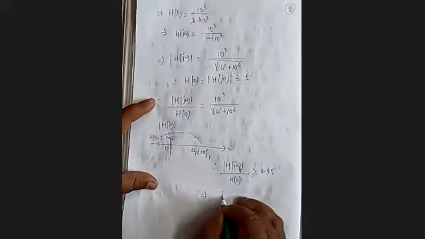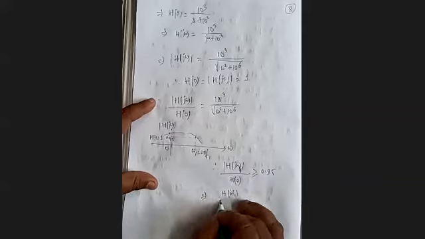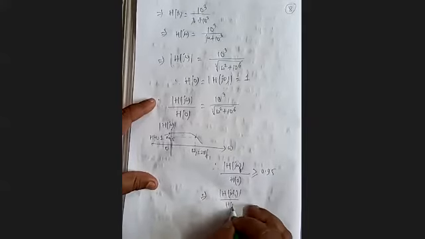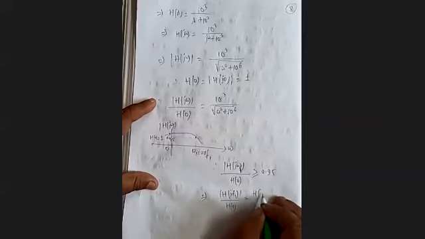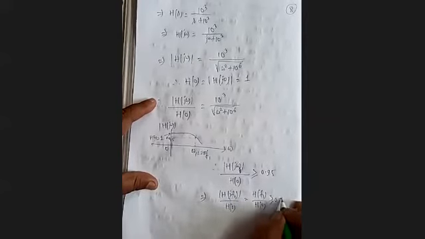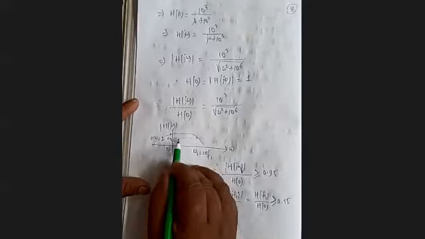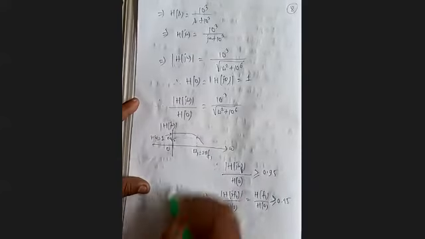Or we can write mod of H(F1) by H0 greater than or equal to 0.95. That is the magnitude point. So either it is 0.95 or more than this in that particular passband region.